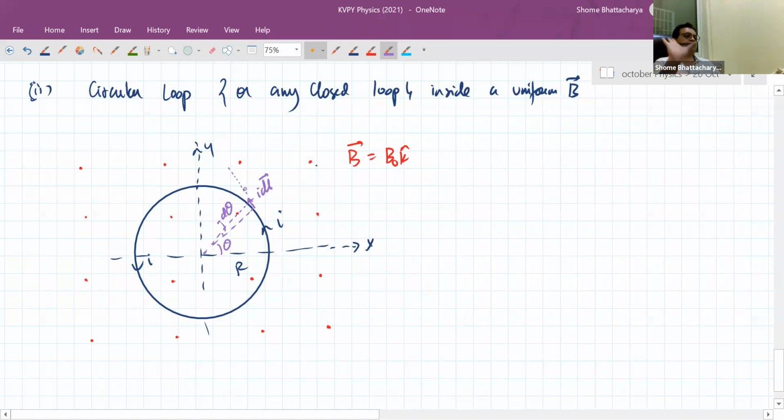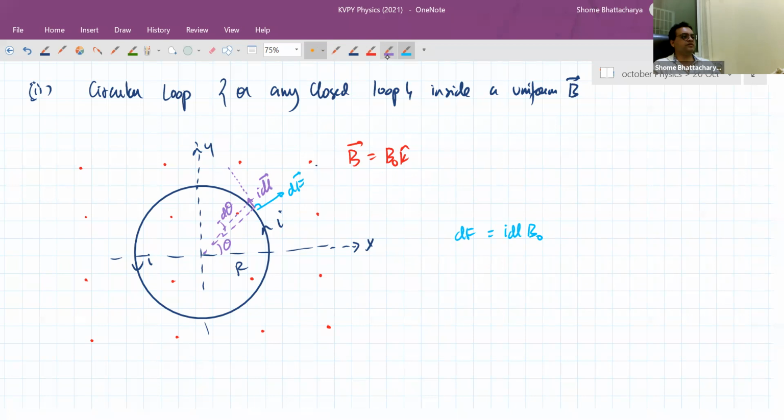So IDL cross B, when you push your fingers like that, you'll see that the force will be radially outwards. And that force's magnitude will be IDL B naught, because the angle between the IDL vector and the B naught K cap vector is 90 degrees, so sine theta will be 1.